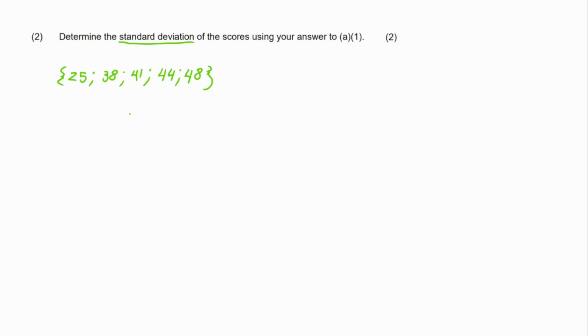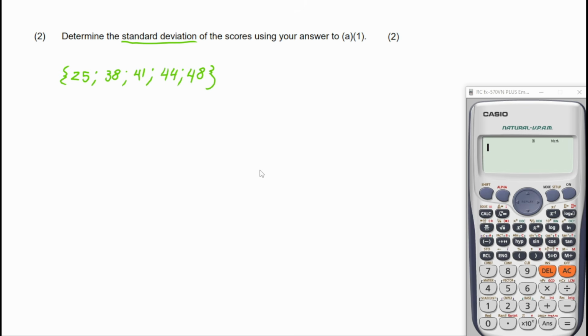So we just need to put this in our calculator. We don't have to do anything fancy. We go to stat mode, and I have another video, I'll link it at the top right, where I go a bit more into the stat mode. We go to mode 3 for stat, and we only have one variable, so we press 1 for one variable. We put in our x values: 25, 38, 41, 44, and 48.